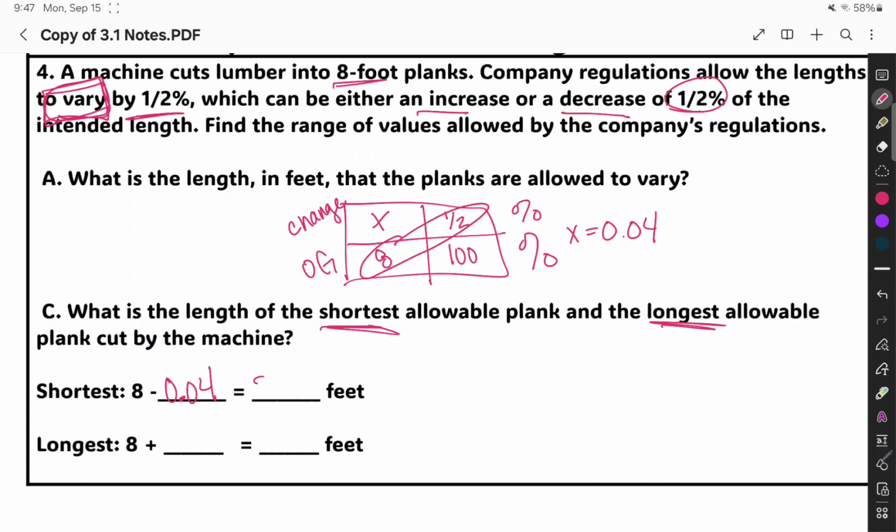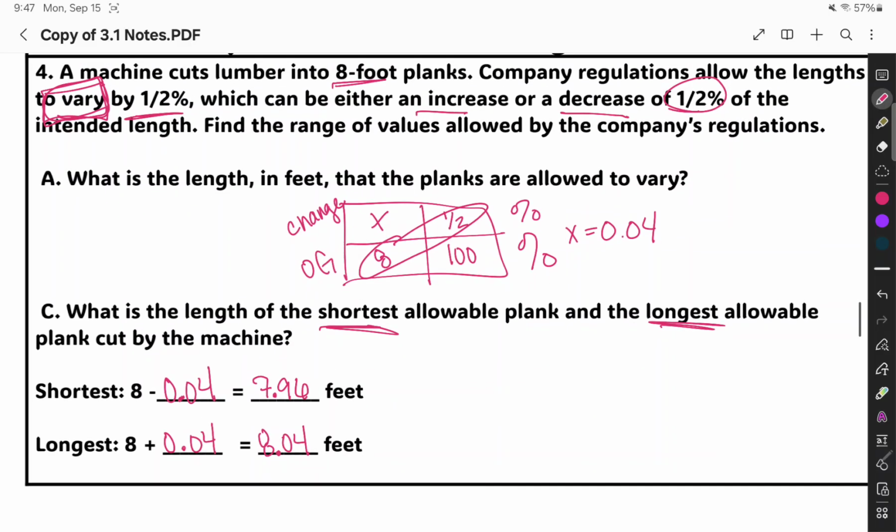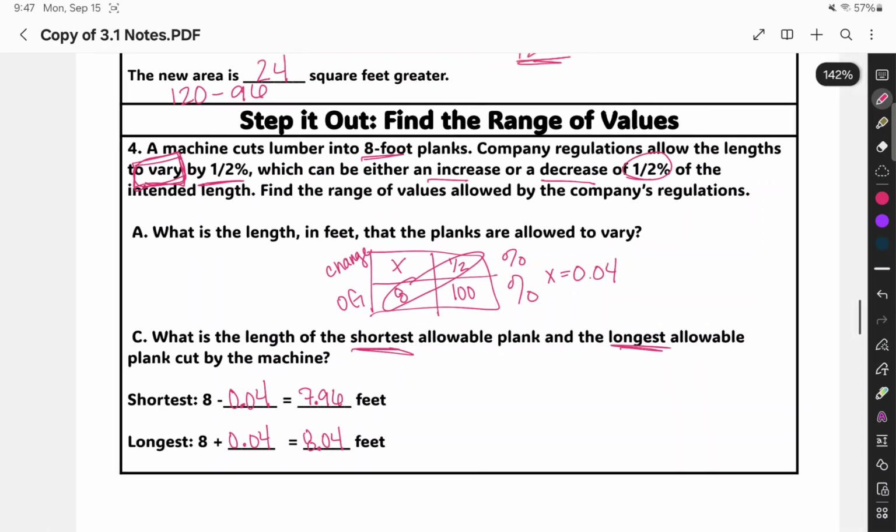And so when we subtract that, we get 7.96, which is the smallest it can be, and then it can be a little bit over, which means it can be 8.04 feet at the maximum. So they really want it to be 8, but it could vary between those two numbers.